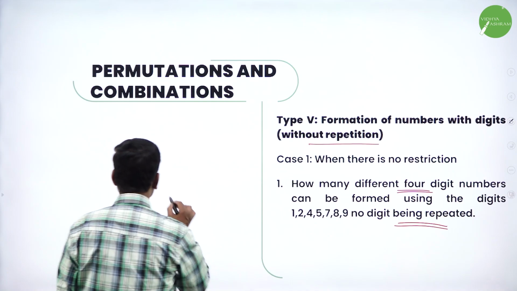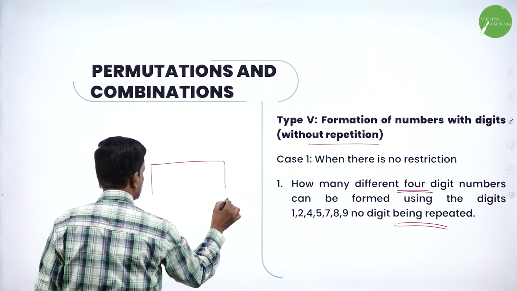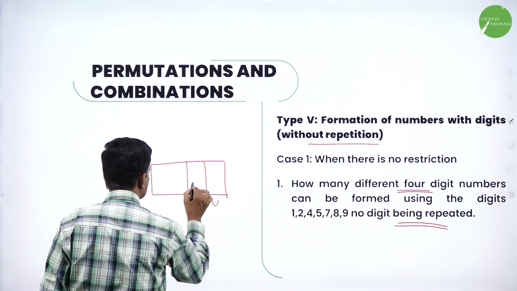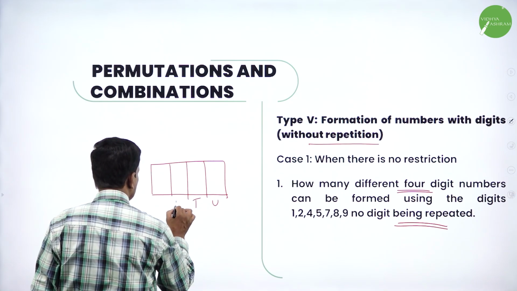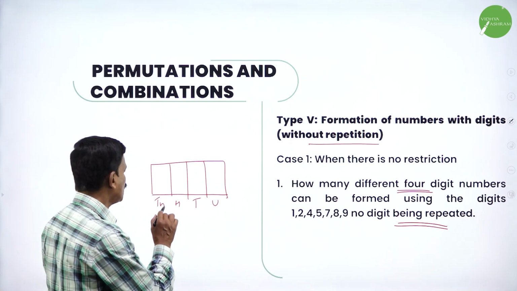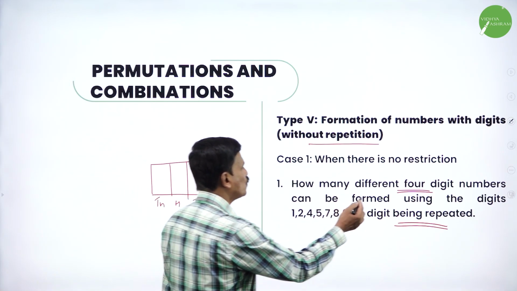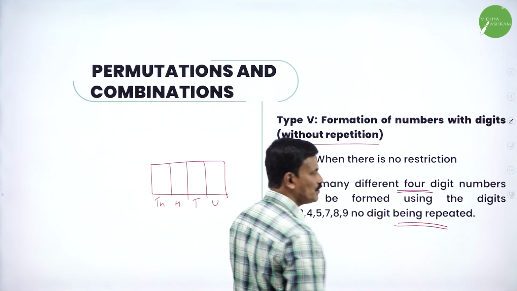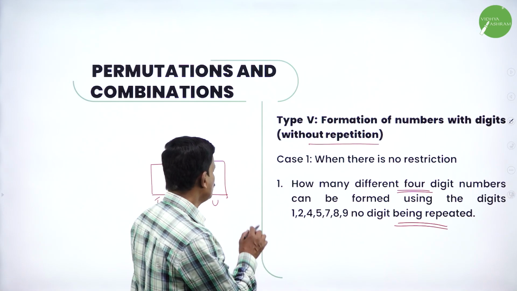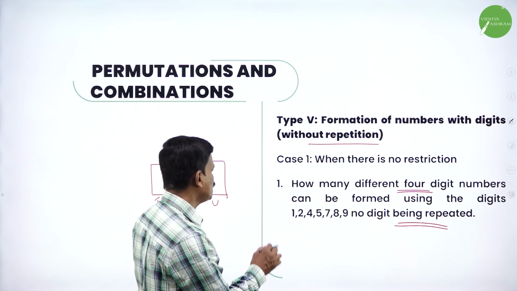How many 4-digit numbers? This is unit place, 10th place, 100 place and 1000 place. So, these are the 4: unit, 10, 100, 1000. The digits given are 1, 2, 4, 5, 7, 8 and 9.